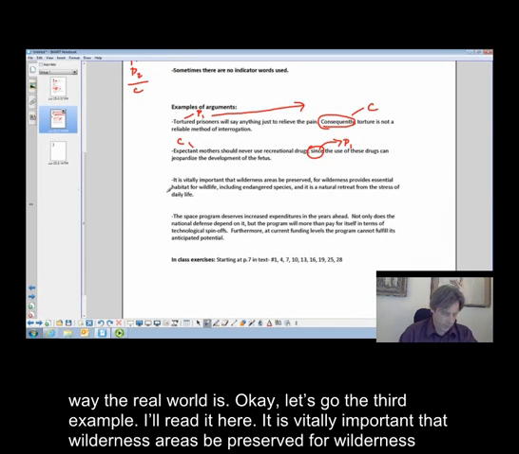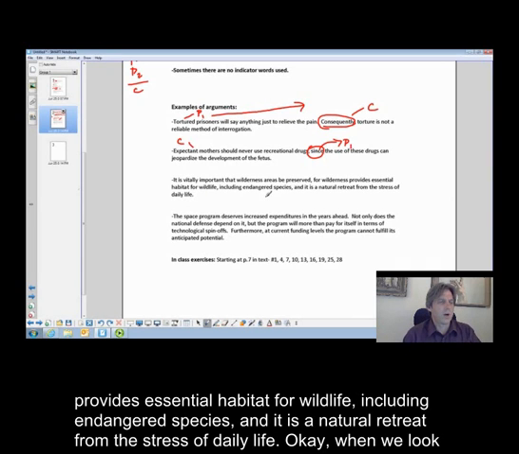Okay, let's go to the third example, and I'll read it here. It is vitally important that wilderness areas be preserved, for wilderness provides essential habitat for wildlife, including endangered species, and it is a natural retreat from the stress of daily life.